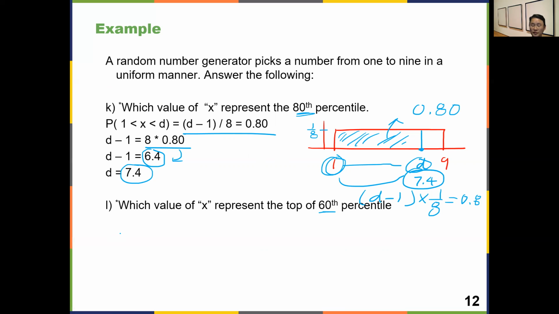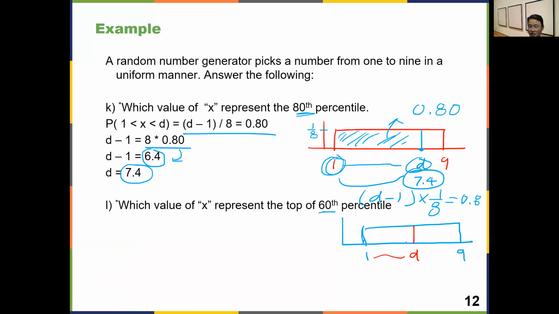It's always a good idea to start with a little bit of a graph. Okay, so we want to figure out this number D.